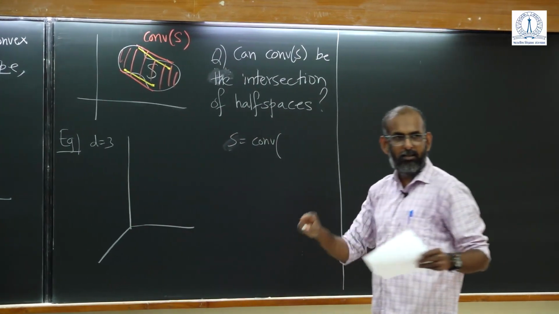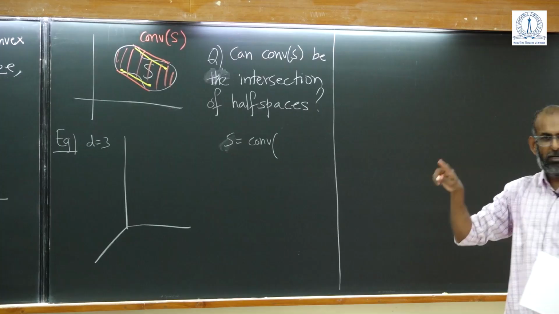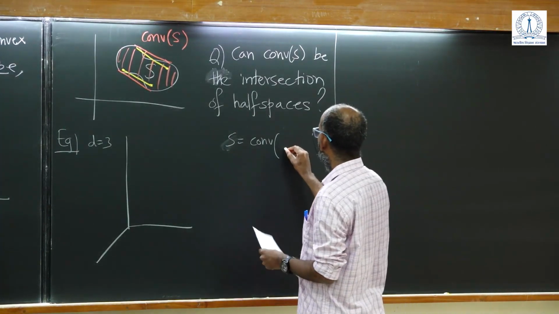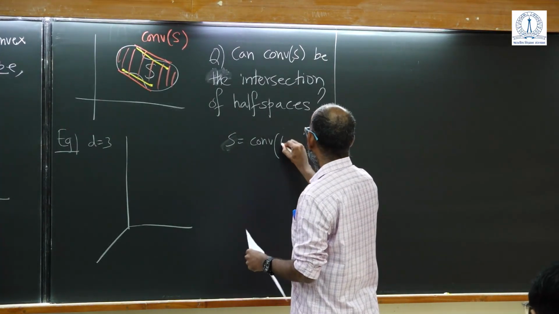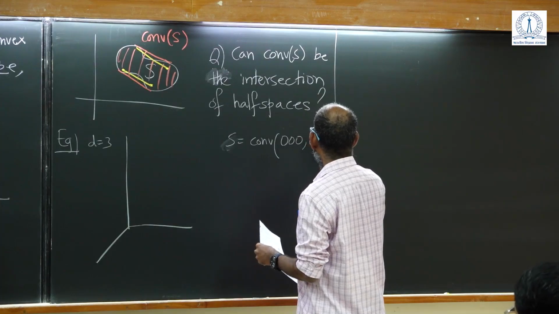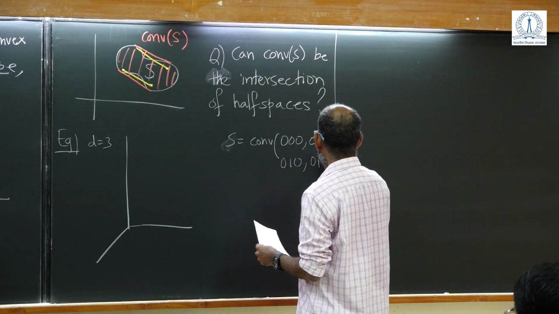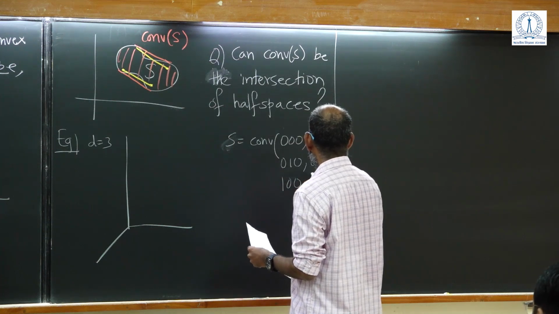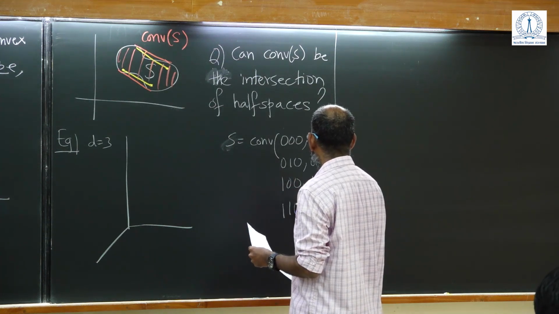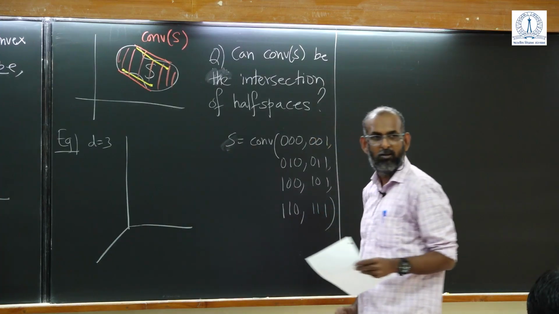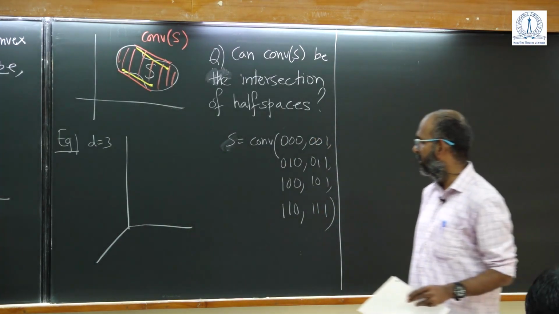I'll not put parentheses, I'll just write triplets: 0,0,0; 0,0,1; 0,1,0; 0,1,1; 1,0,0; 1,0,1; 1,1,0; 1,1,1. What is this going to be?